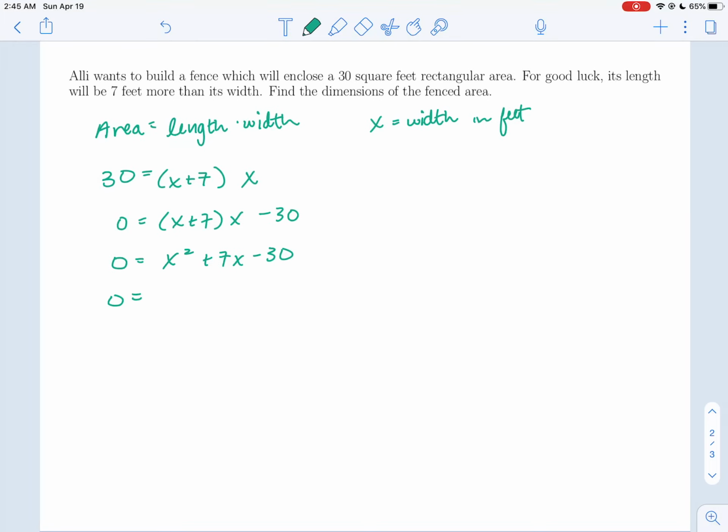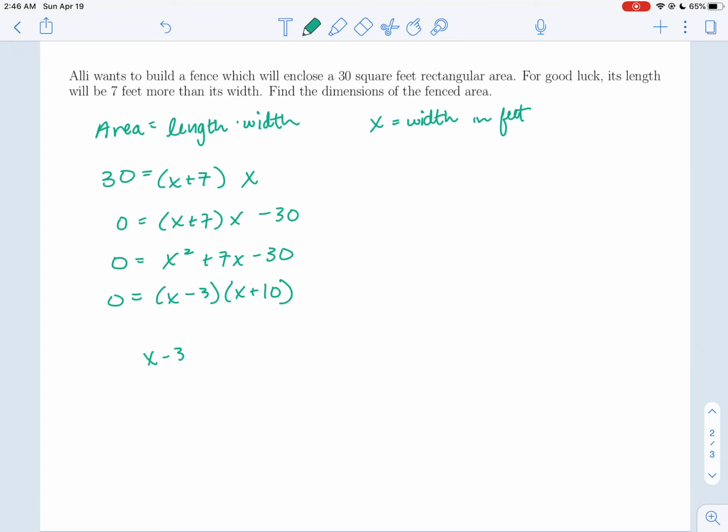And in this case, that's going to be a positive 10 and a negative 3. So that'll give me x minus 3 in the first set of parentheses and an x plus 10 in the second set. Remember, I can jump straight from this step to the next one only because that leading coefficient is a 1 for this trinomial. You could also, if you wanted to, go through that whole method, putting into 4 terms, doing factoring by grouping. If that feels more comfortable to you, definitely do that.